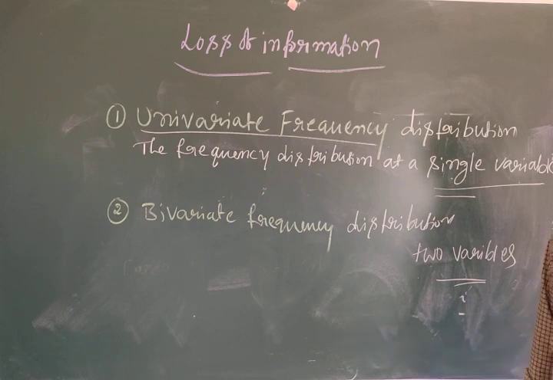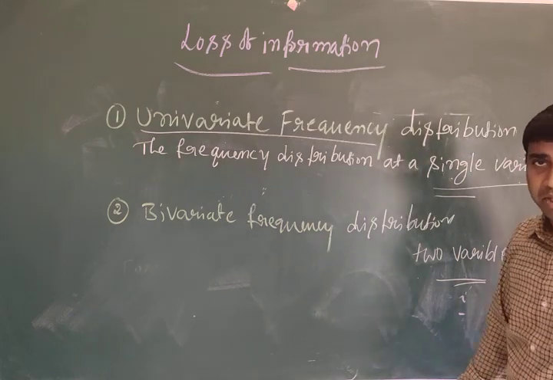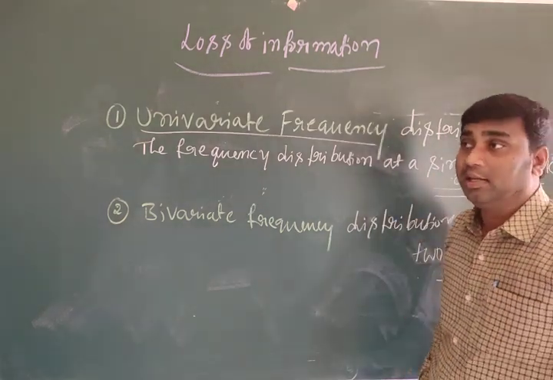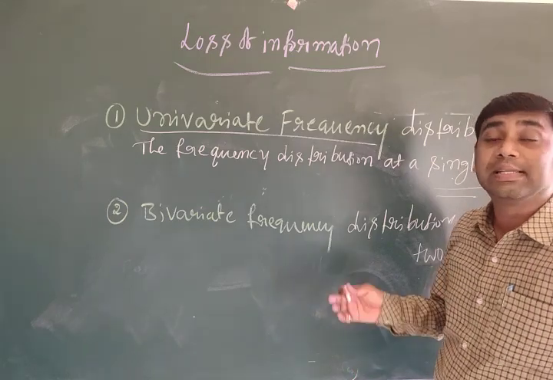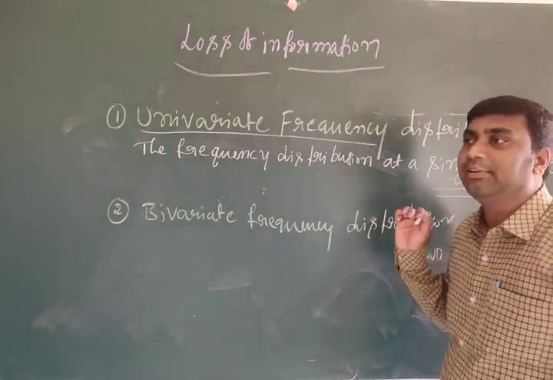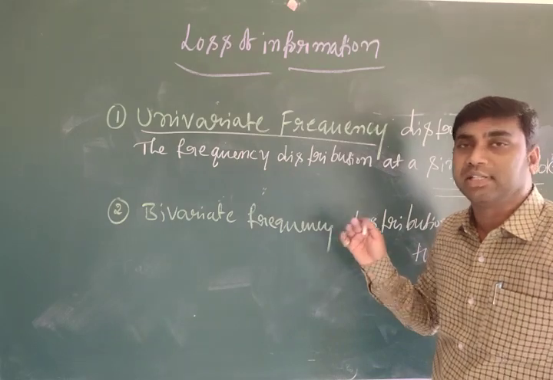Okay, that is the chapter of organization of data. In this class we discussed loss of information and frequency array. Frequency array is, for a discrete variable, the classification of its data.